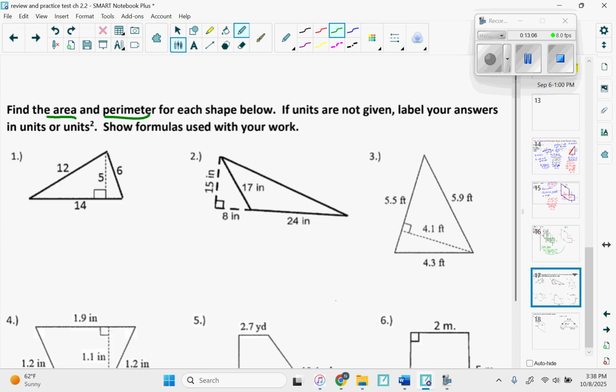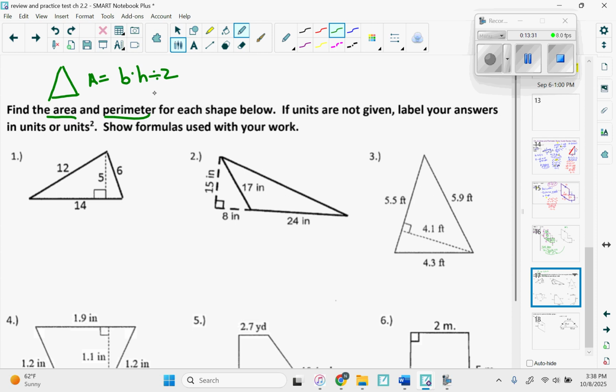But first, just to remind you of our formulas, if you have a triangle, the area is base times height divided by 2. Again, every triangle is half of a rectangle or parallelogram. That's why we divide by 2.